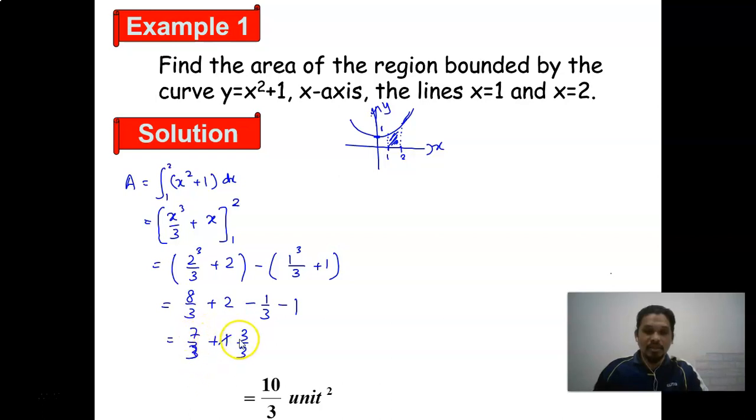So 7 plus 3 equals 10 over 3 square units. There you go.